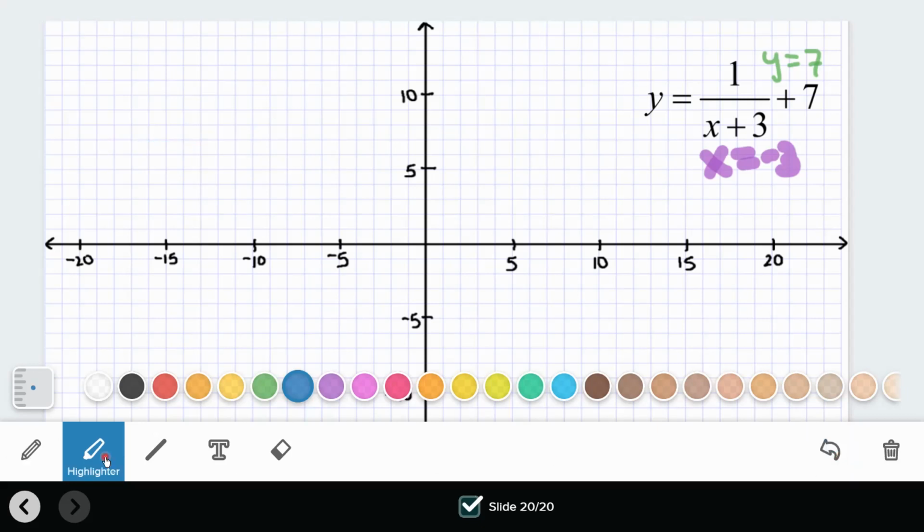So y equals 7 is going to be here. X equal -3.